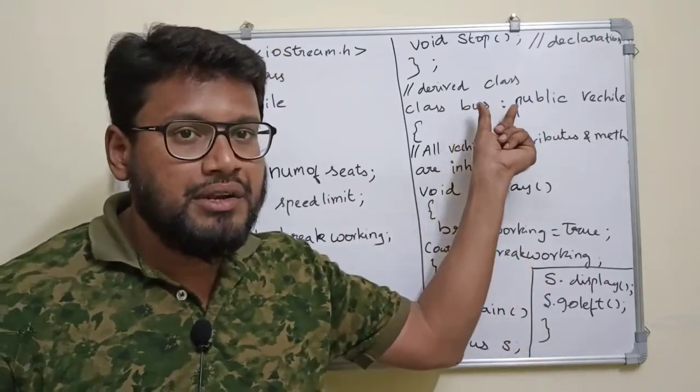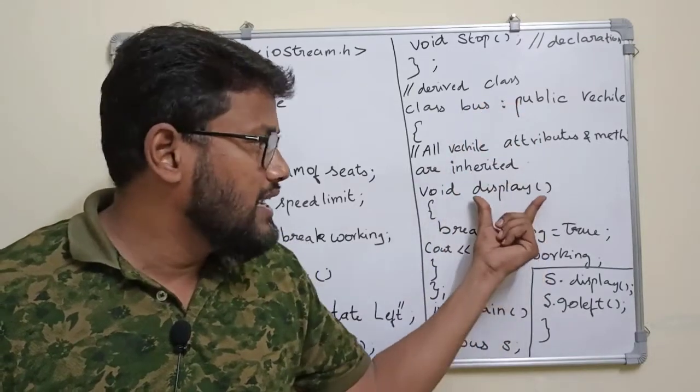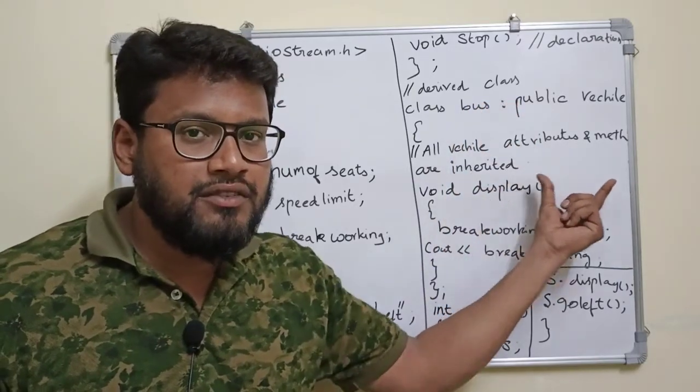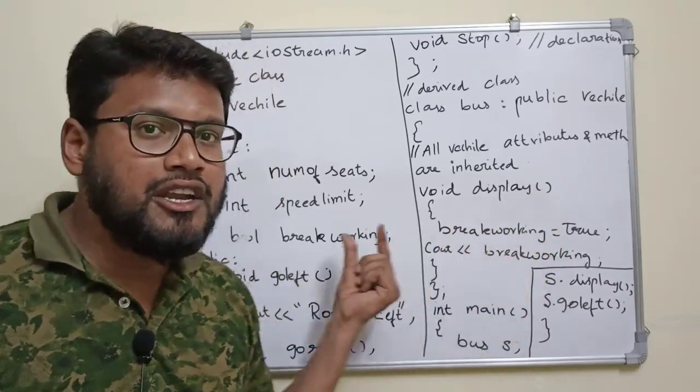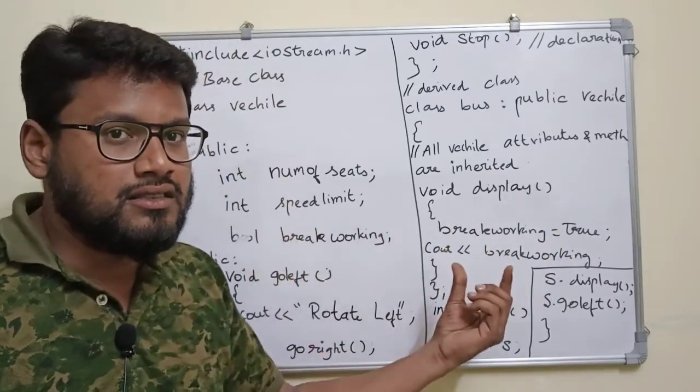In the derived bus class, I create a display function. In this function, I use the brake working attribute of the vehicle class.